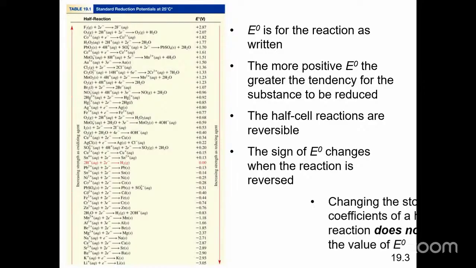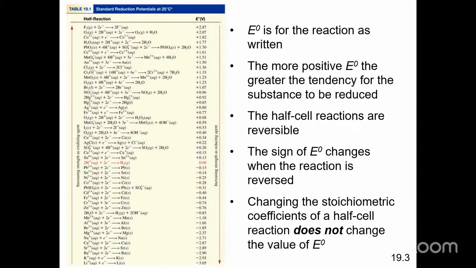The next thing I want to say here, and this is where there's a big difference between electrode potentials and the other thermodynamic quantities, is that changing the coefficients does not change the value of the reduction potential, right? So if I were to multiply each of these by 2, so that's 2, that's 4, and that's 4, the value of the EMF does not change, all right?